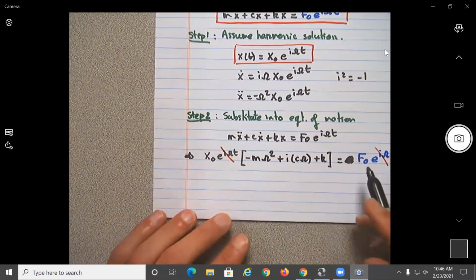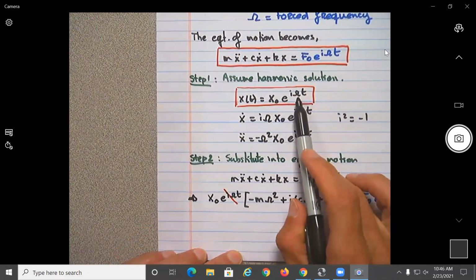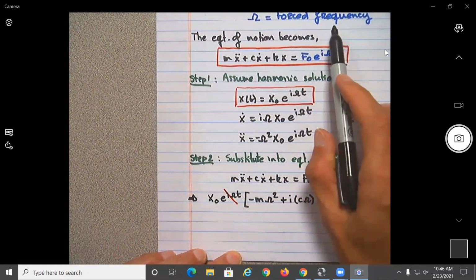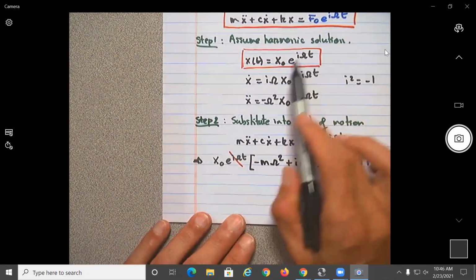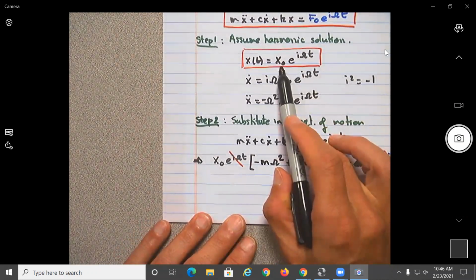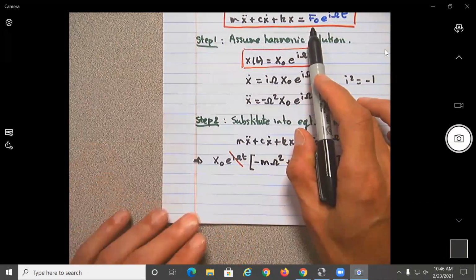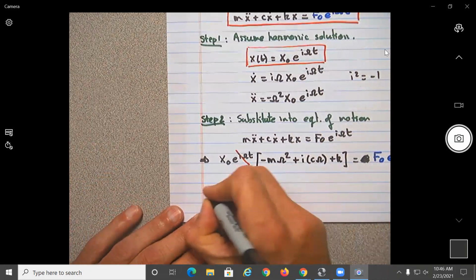So now, this is our assumed solution. The capital omega is known because it's the frequency of the shaker. So what is really unknown over here? The x sub naught, no? The f sub naught is known. This is an input from the machine. So we can solve for x sub naught from here.